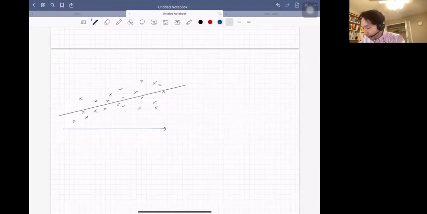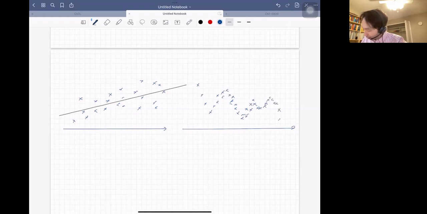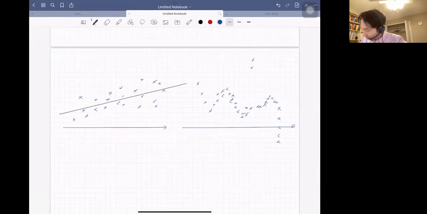But if the pattern is very complicated, like this, maybe even more complicated, like this, then fitting a linear regression using all observations does not make much sense.